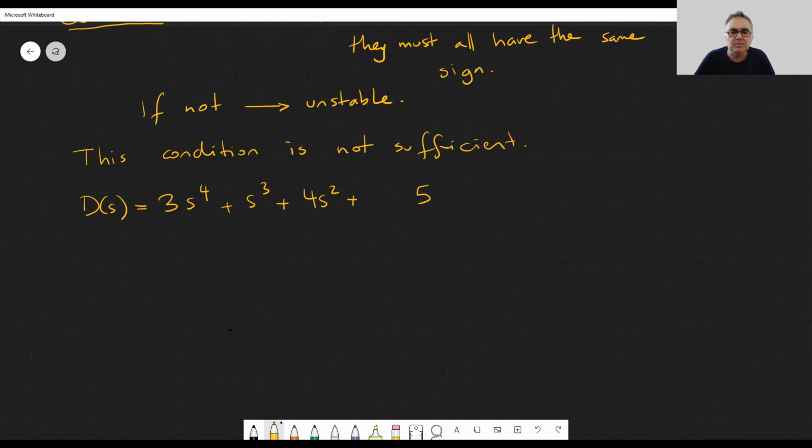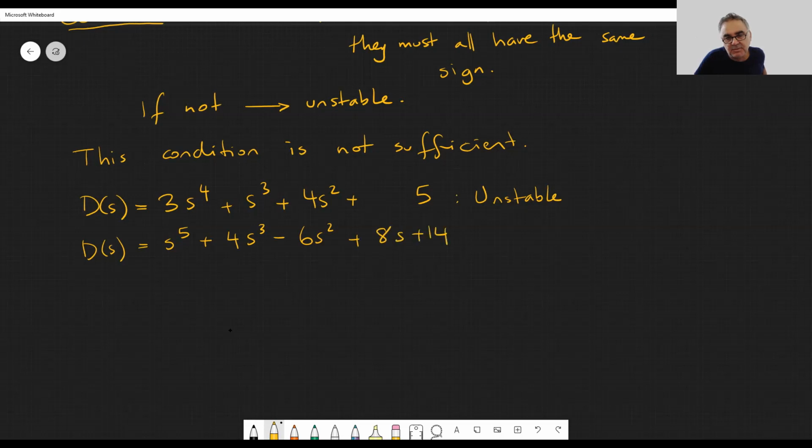There is no s term here, 0 times s, okay? It is obvious that this will be unstable. If d of s has, again, s to the 5, let's say, another one, 4s cubed minus 6s squared. I'm just making this up, 8s plus 14, okay?